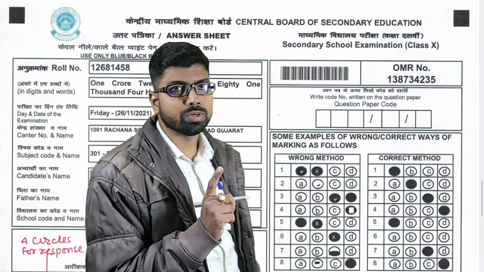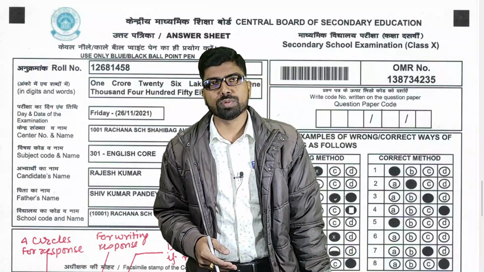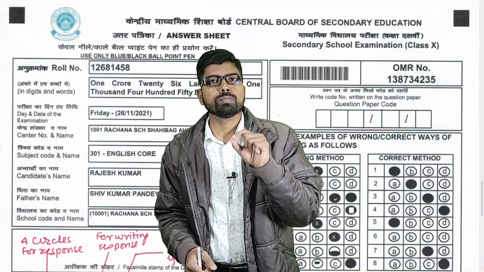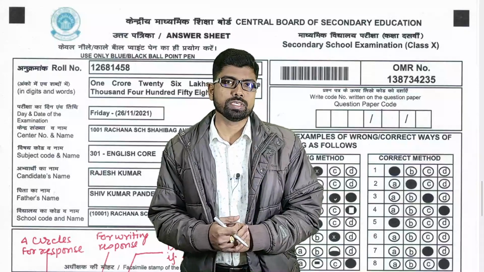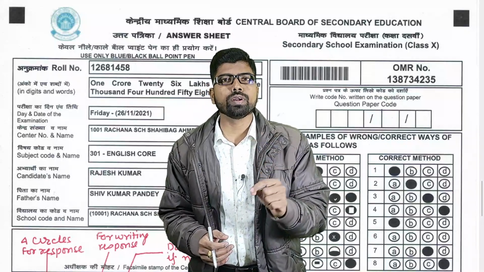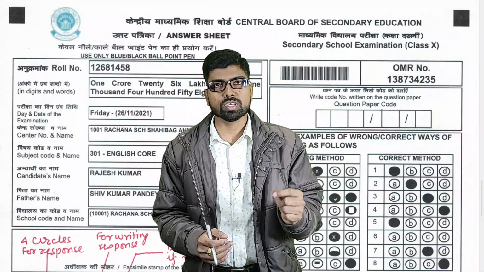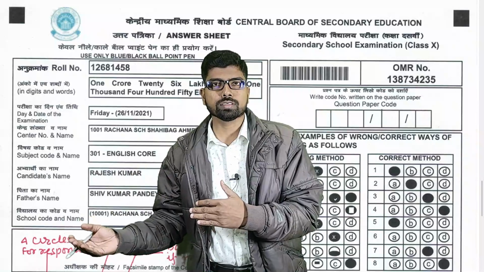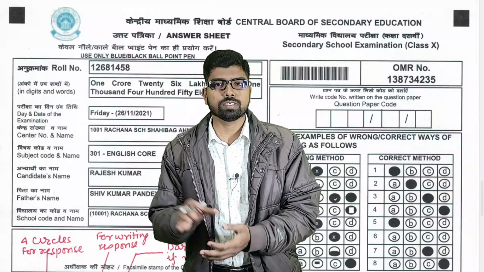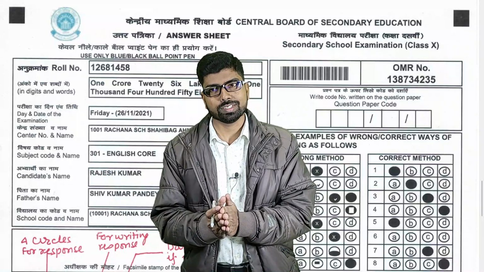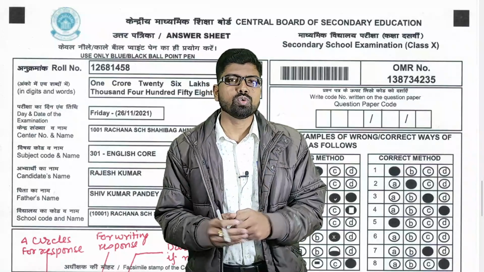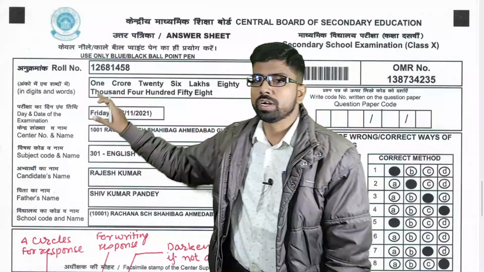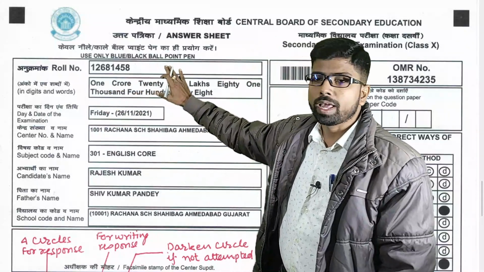That point must be remembered. And all of you remember that use of pencil is strictly prohibited. Don't use pencil anywhere. If you use pencil, that will be considered an unfair means. That is why don't use pencil, only use blue or black ball pen.